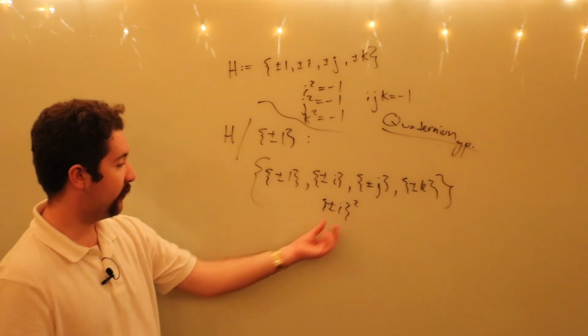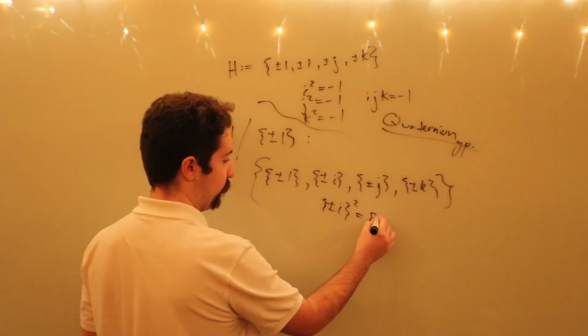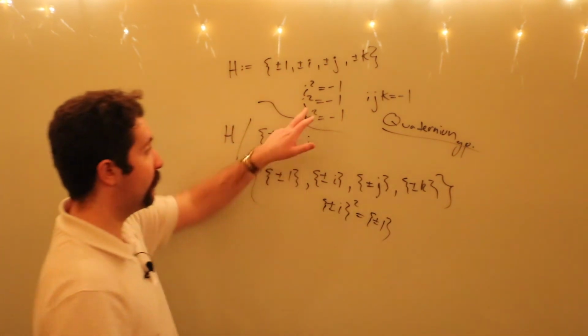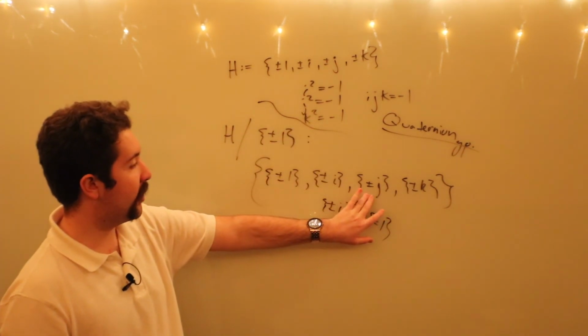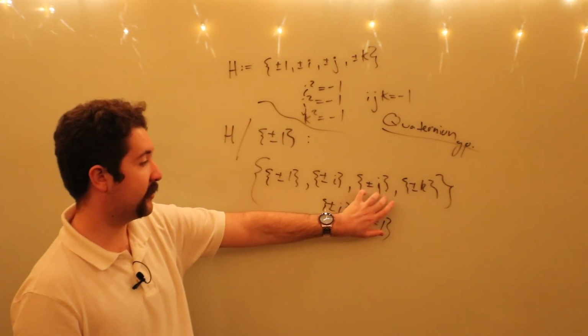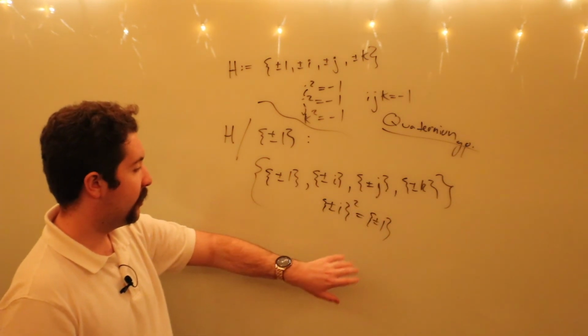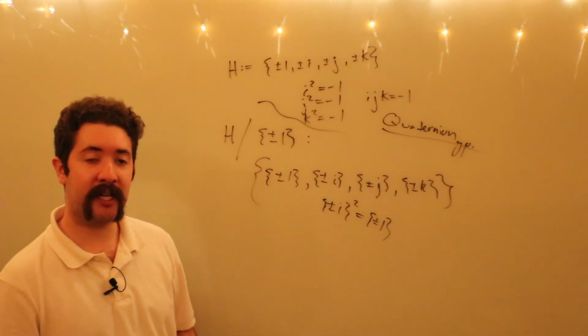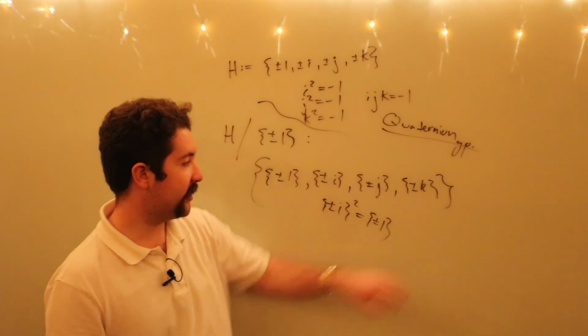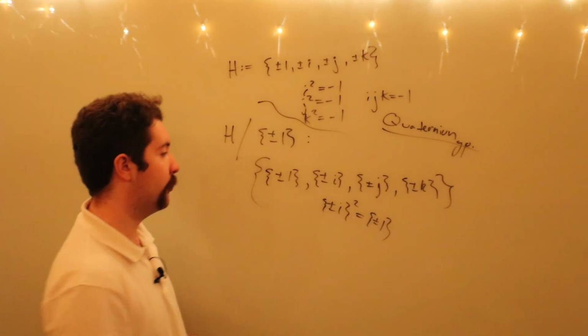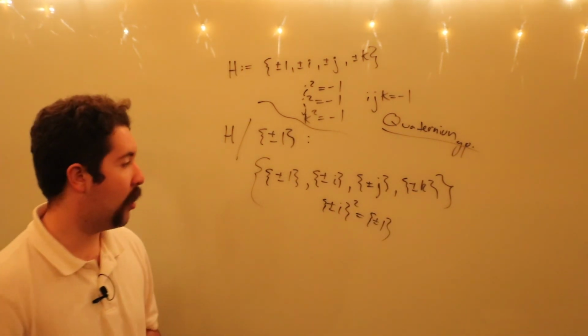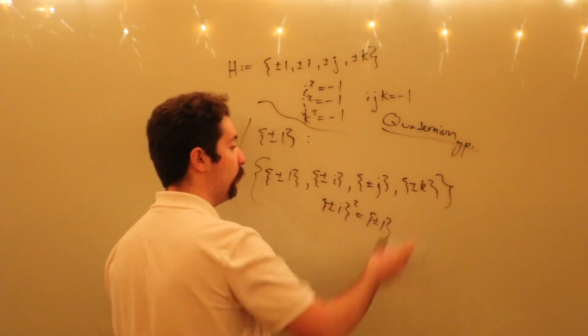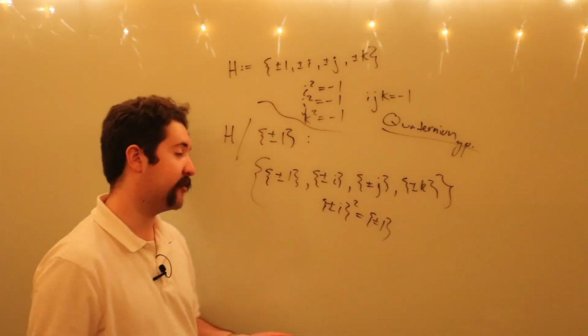So what that's going to give you is ±1. Similarly, because of this rule, we get that ±j squared, considered as a coset, recall, we're going to get ±1 again. Same thing with ±k squared is going to be equal to ±1. So each one of these 4 elements is idempotent, which is interesting.